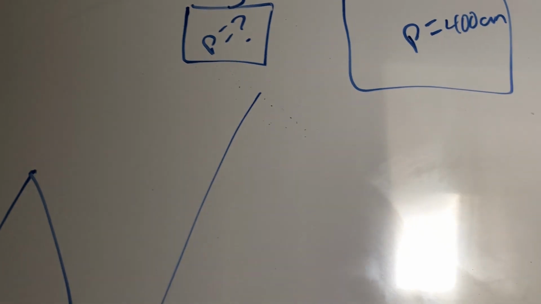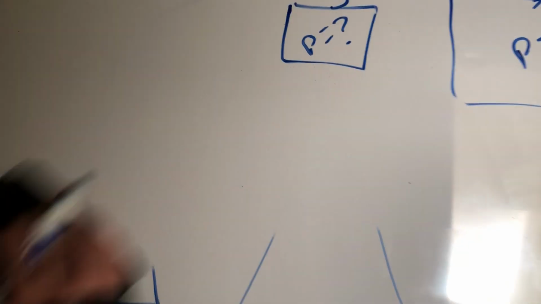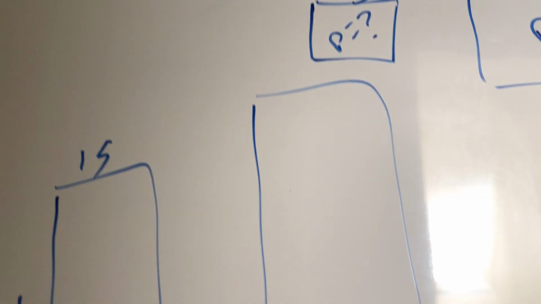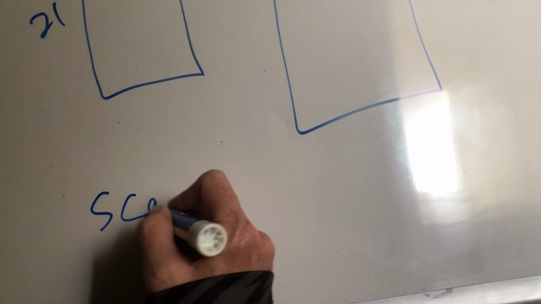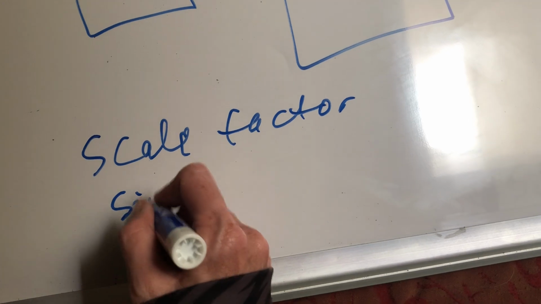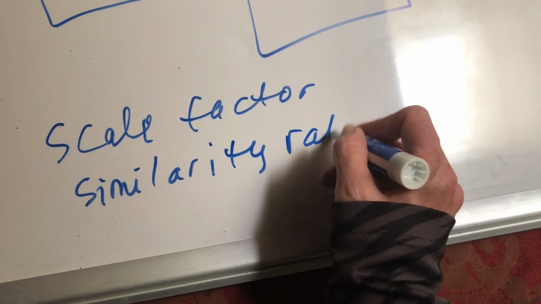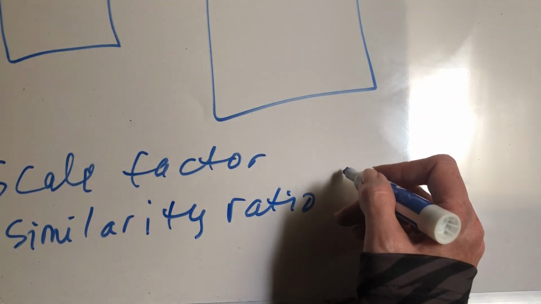Let's start with this one, another rectangle. This is 15, this is 21. Got a bigger rectangle. And we are given that the scale factor or similarity ratio, that's the same thing, you're going to see both terms, is 3 to 4.